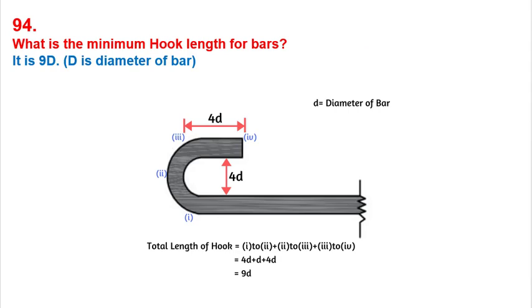And the next and last point for this video is related to the hook length. What is the minimum hook length of a bar? Which is 90 degrees. Let's take an example. This is a hook, right? The distance from here to here is 4d, and from this point to this point is also 4d, where d is the diameter of the bar.